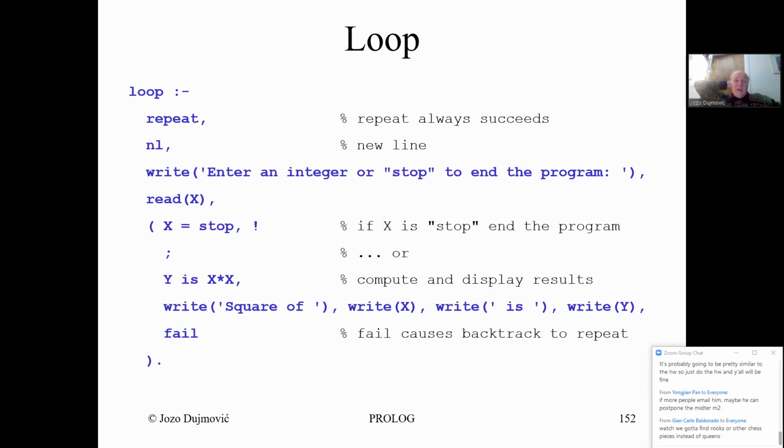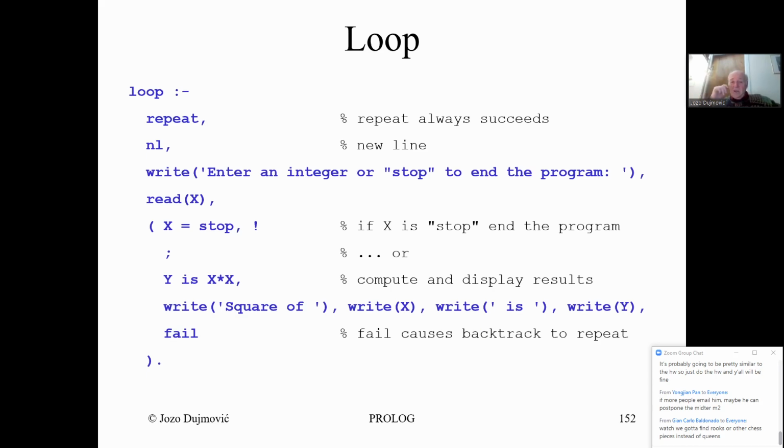Now, PROLOG has 2 control mechanisms that can be used for making loops. One of them is calling fail, this one here. So what is fail? Fail is a library function. The library function fail is telling the search engine, you just failed, and go and backtrack.